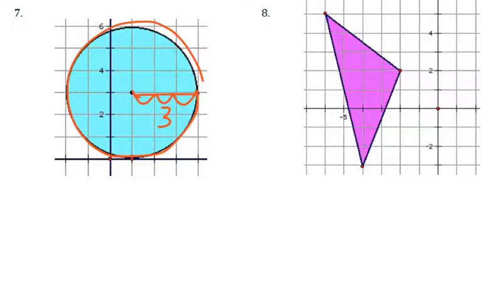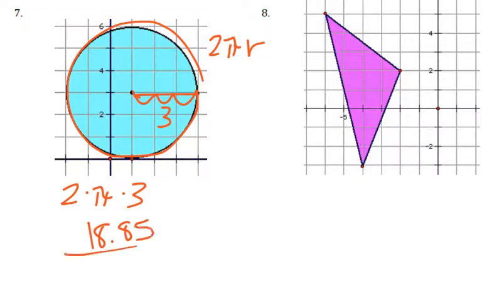Circumference is 2 times pi times the radius. So I go 2 times pi times 3. Pi is generally considered 3.14. Most calculators just do that. So 2 times 6 would equal 12 times pi would equal about 18.85 for our perimeter here.